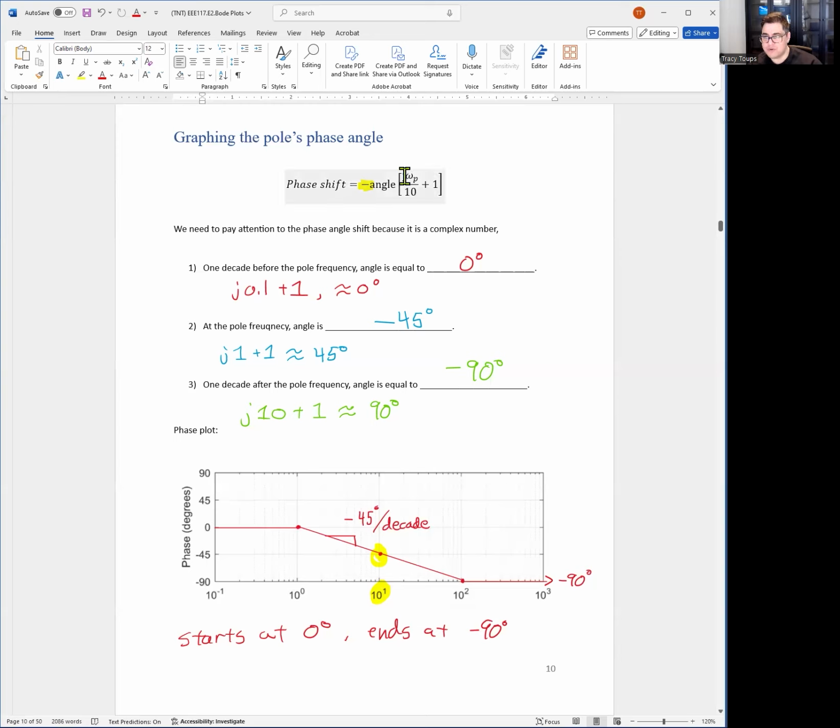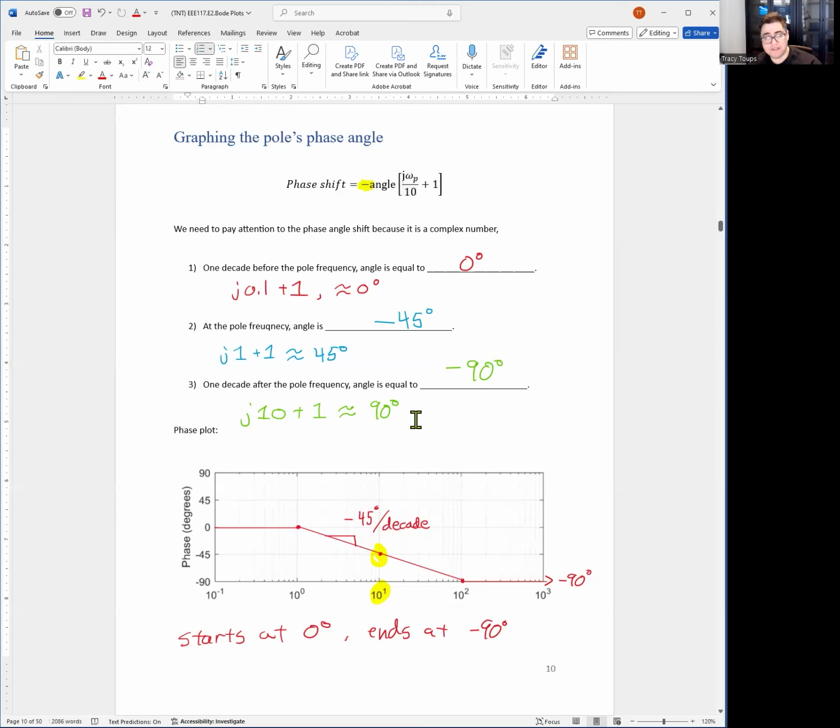So we're going to put 100, J 100 over 10, which is J positive 10, plus 1, right? Right here. What's the angle of this? It's positive 90 degrees. Now we got subtracted, and there's a subtraction sign in front right here, so it's negative 90 degrees. So we know at a frequency of 100, we have negative 90 degrees.